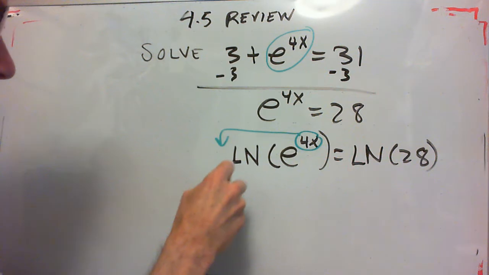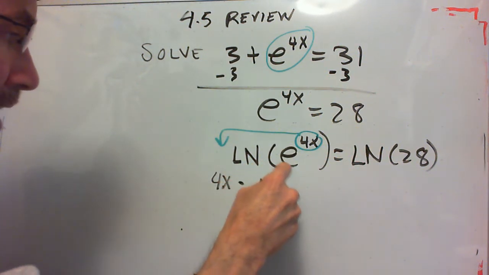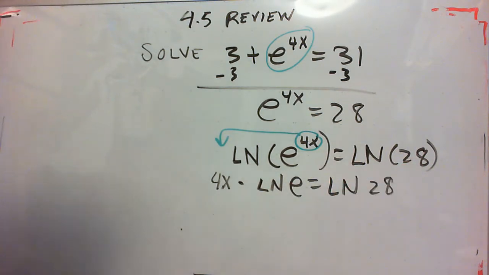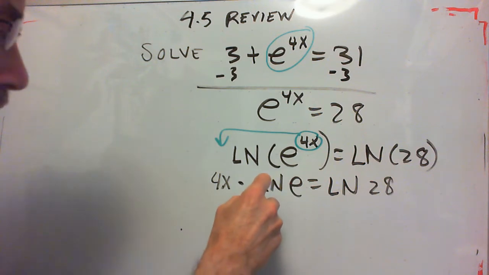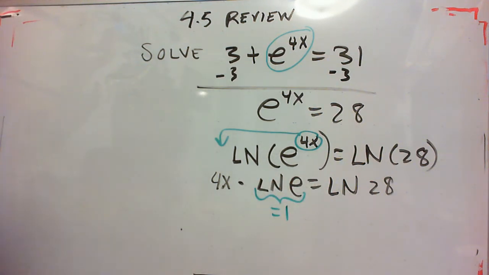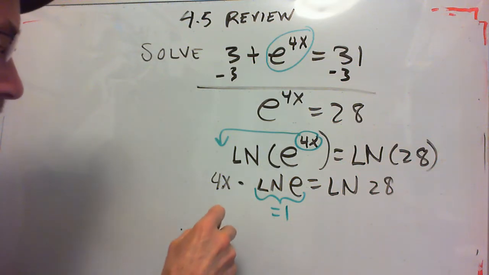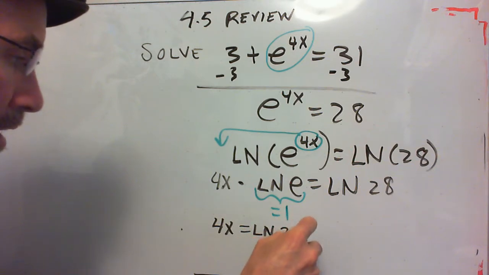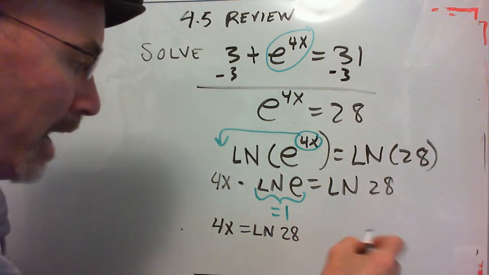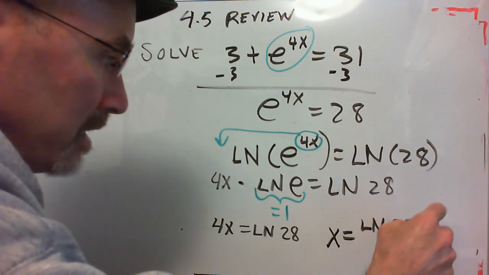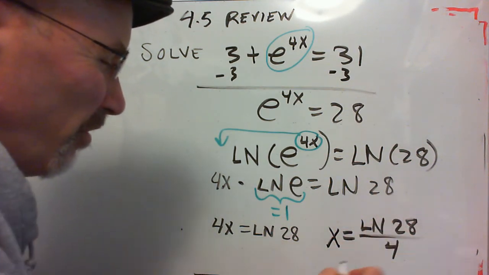So we get 4x times ln of e equals ln of 28. But remember from the log properties, ln of e turns into 1. So we just have 4x equals ln of 28, or natural log of 28. We just divide both sides by 4, and we get x equals ln of 28 divided by 4.